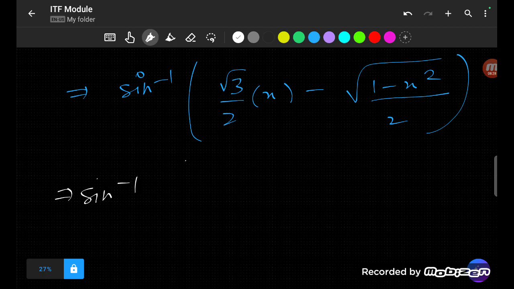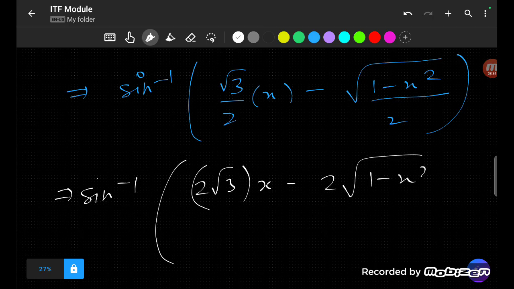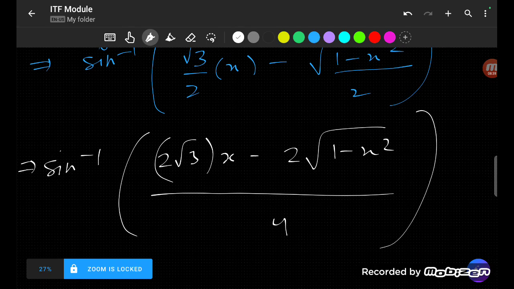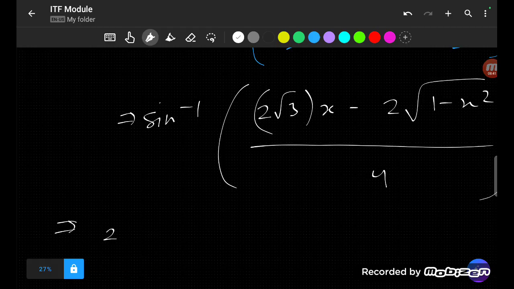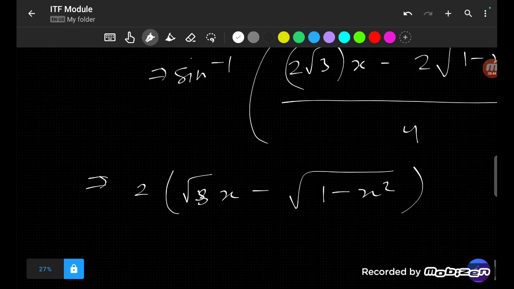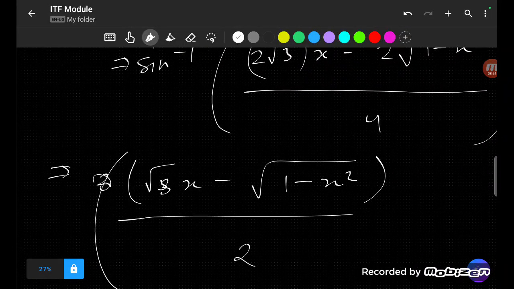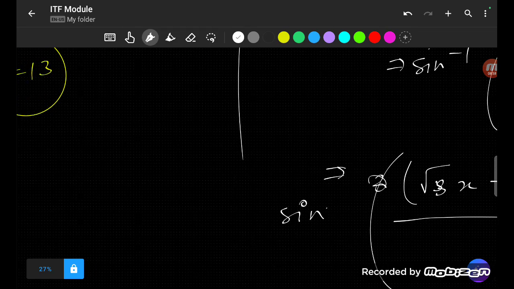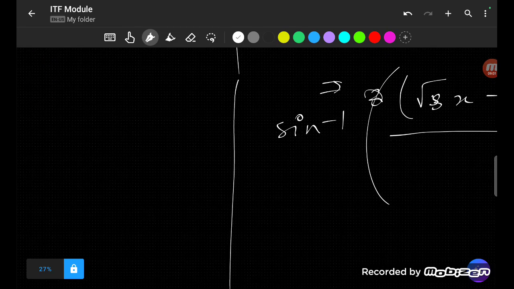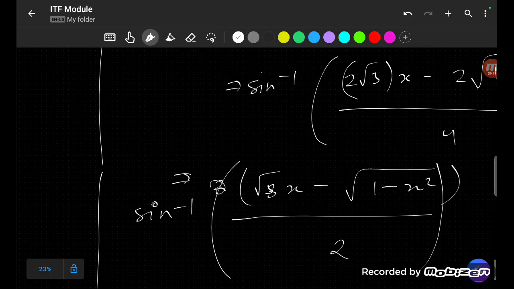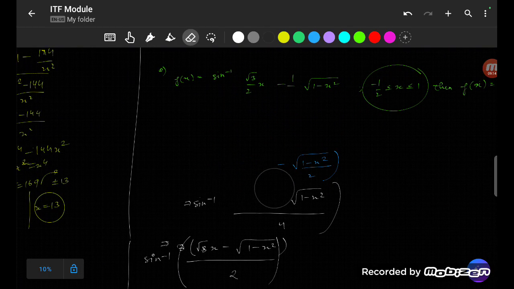I'll simplify the sine inverse 2 root 3 x minus 2 upon 4. This is 2 common, so it becomes root 3 x minus 1 minus x square, upon 2, whole sine inverse. That's the wrong way to look at this.